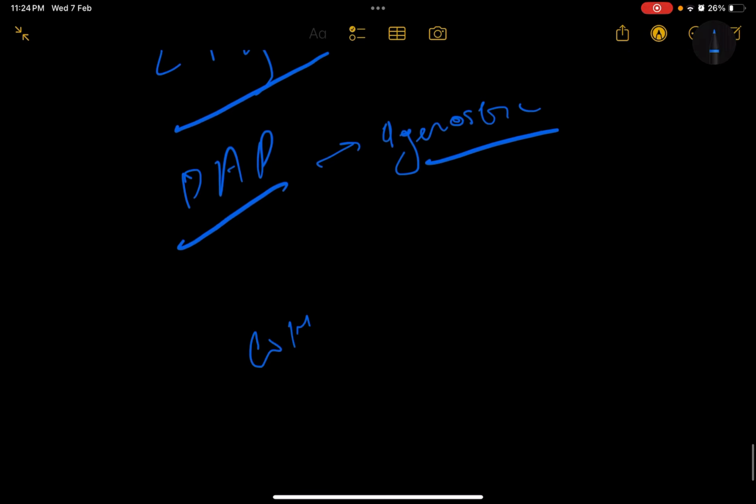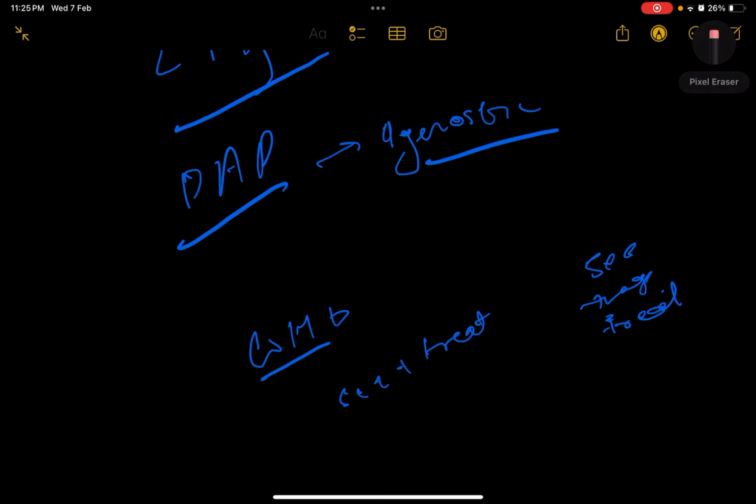WHO is a little different. WHO says, there are two things that you can do. You could do either screen plus treat, or you could screen, do a triage, and then treat. In screen plus treat, you screen, and if it's positive, just treat by LEEP.